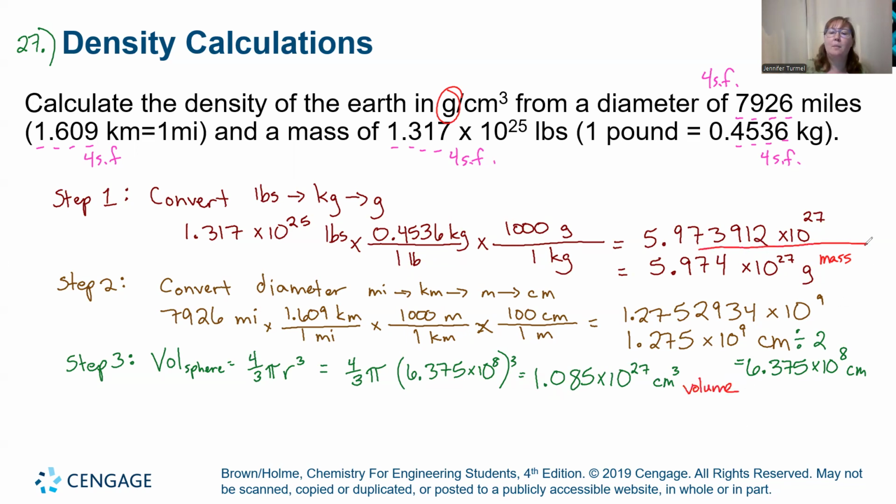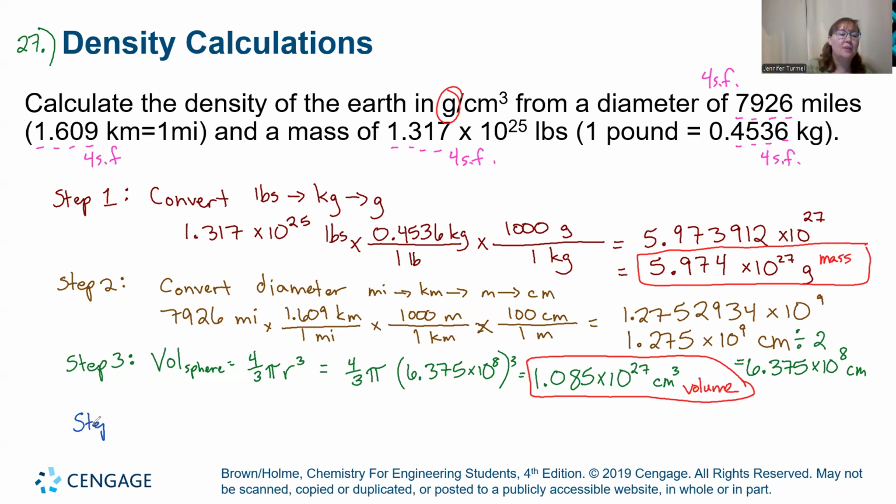Okay, so here we have our mass. And here we have our volume. And last, we can find our density. So our step 4 is to calculate our density equal to mass over volume. And I've already made sure that my units are what I'm looking for.